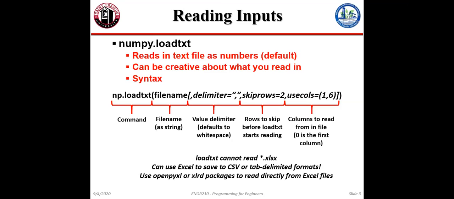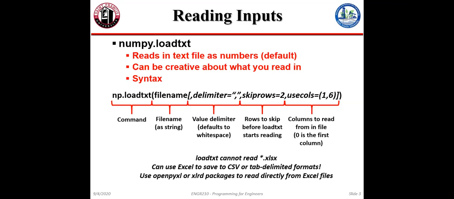These square brackets are not something that you actually write. They're just there to mark optional statements or optional arguments in the loadtxt command. I could just put a file name in. This file name stands in for the string, the name of your file in quotes. If I just put that in, this might work.